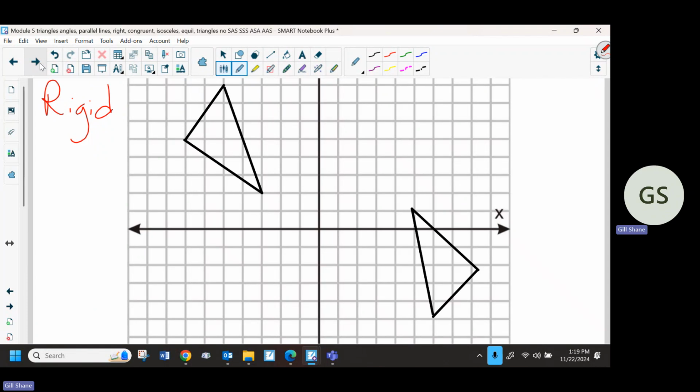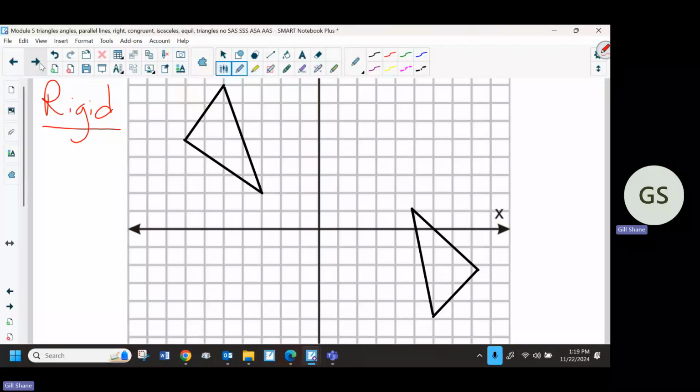Because that one's over there and that one's over there, but what we've done is some kind of rigid transformation or multiple rigid transformations. What did we say a rigid transformation was? That was the definition you wrote down one day when I had you write 3 things down. You can find it real quick.